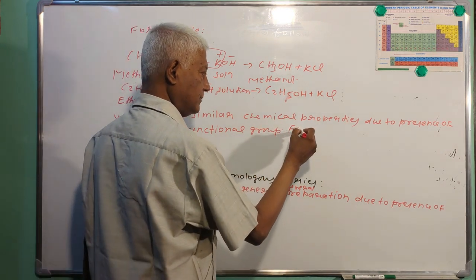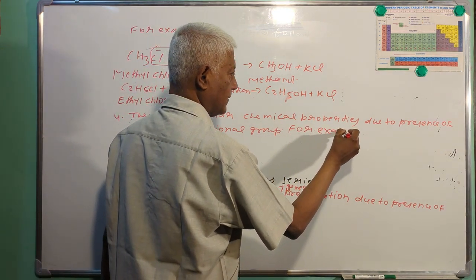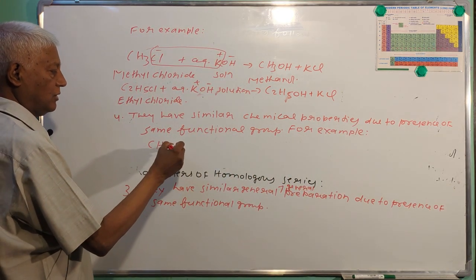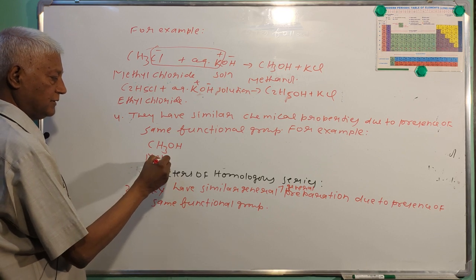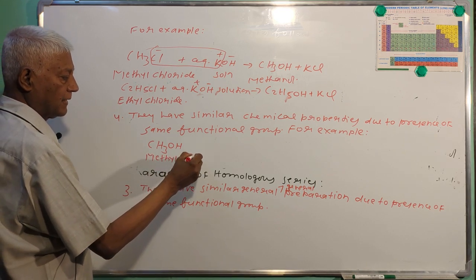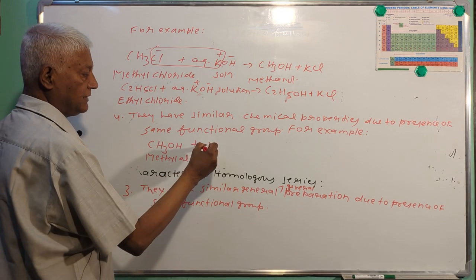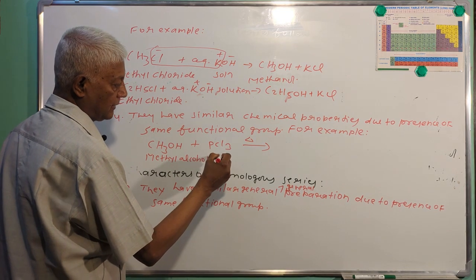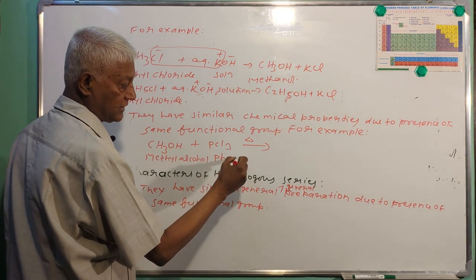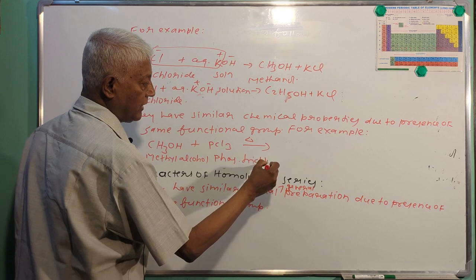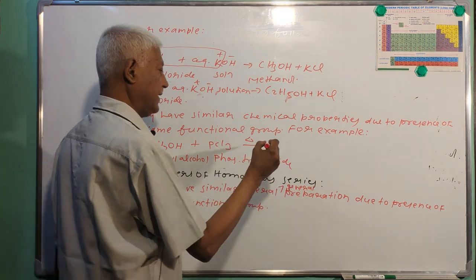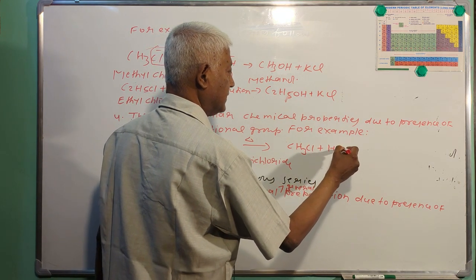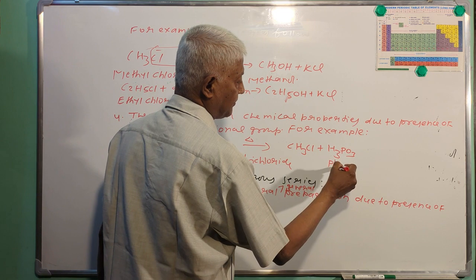For example, suppose we take methyl alcohol. What is the name of this compound? That is methyl alcohol. When that is treated with phosphorus trichloride, how many chlorides are there? 3. Trichloride. What do we get? CH3Cl plus H3PO3. What is the name of this compound?